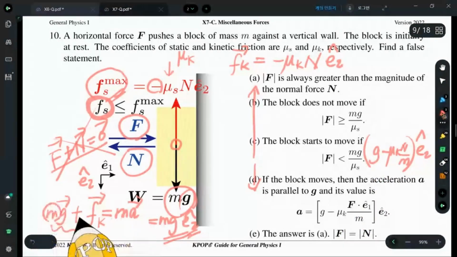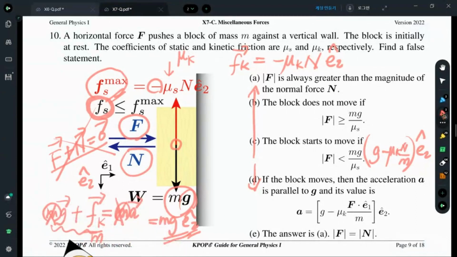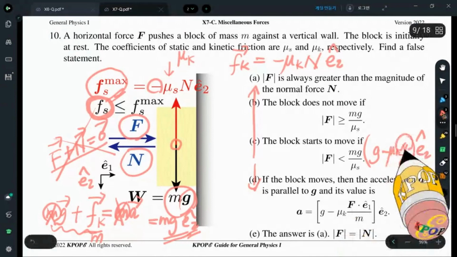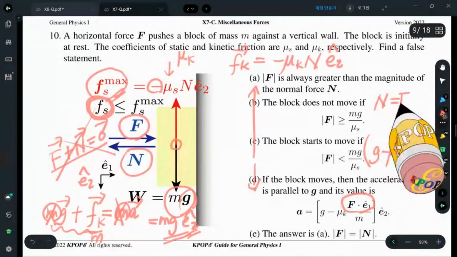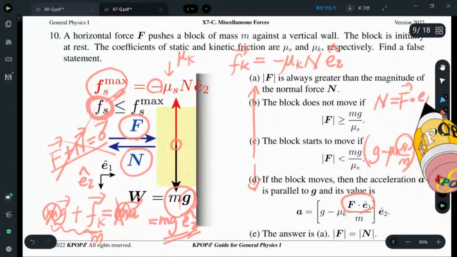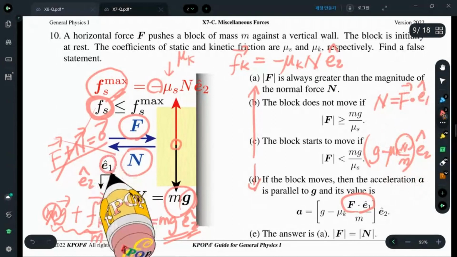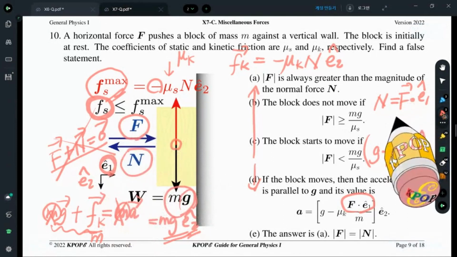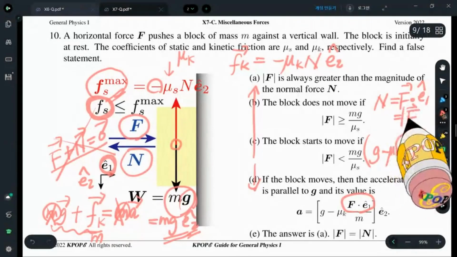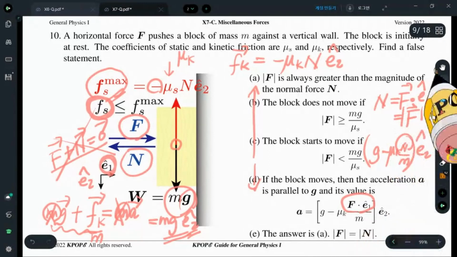I have divided both sides by m. And then what is N? N is the same as F dot E1 hat. E1 hat is this direction. So this is the magnitude of F. Okay, that's fine.